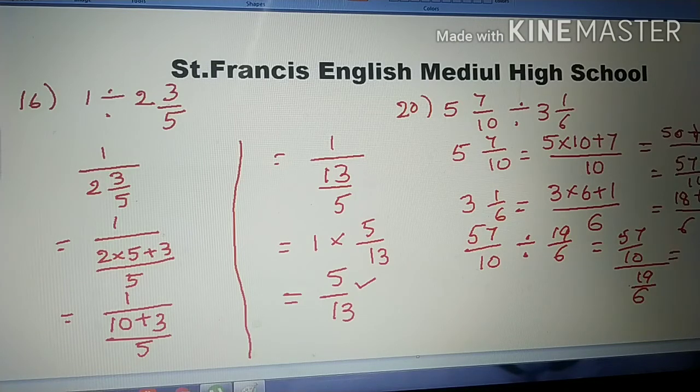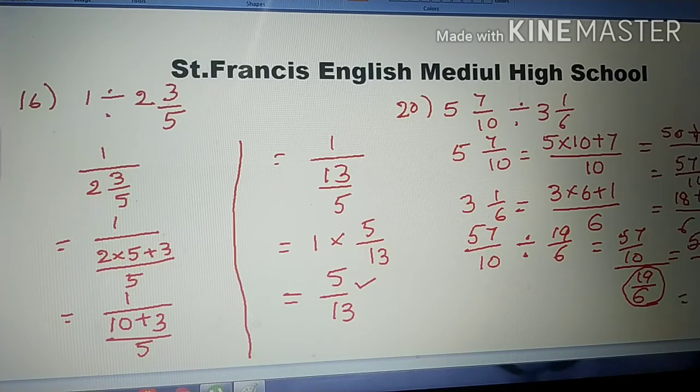So now with the multiplication symbol, how can we write this one? Into the reciprocal of the denominator. The reciprocal of this denominator will become 6 by 19. Okay, 57 by 10 into the reciprocal of the denominator, that is 6 by 19. Now see any cancellation here? 19 1's, 19 3's.